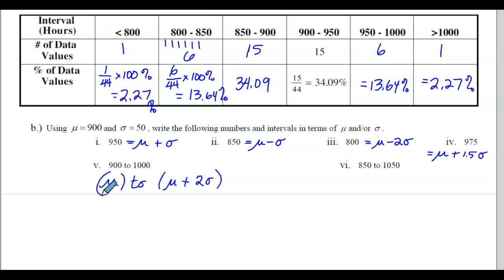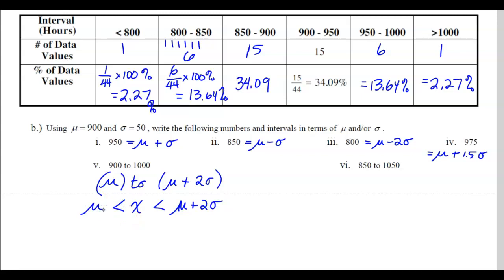And so you could even say, because we're doing this so that we can place a data value in a certain interval, for example 920, that is between 900 and 1,000. So that data value of x would be less than mu plus 2 sigma, or greater than.